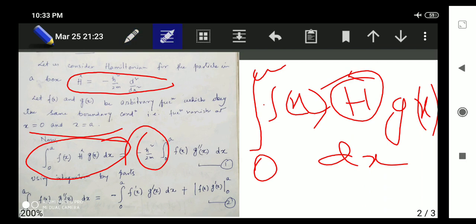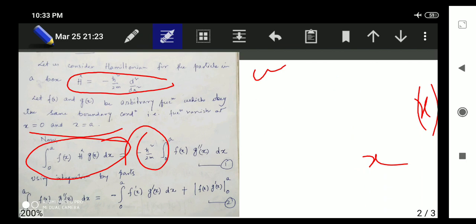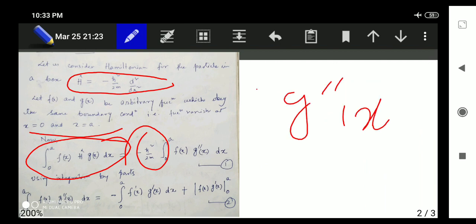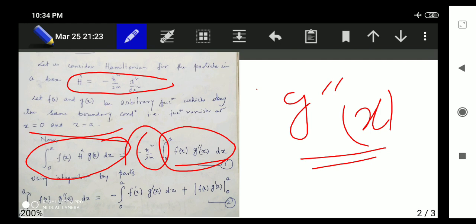That means if d2 dx2 works on g(x), it will produce g double prime of x, where the double prime means double differentiation. So that's what is written here: f(x) g double prime(x) dx. Now let us see what we can do with this.